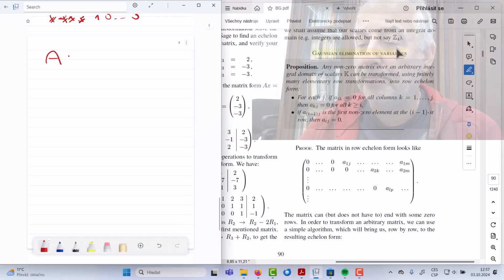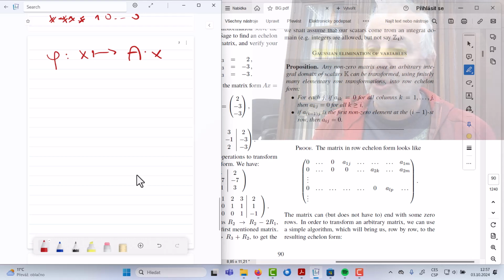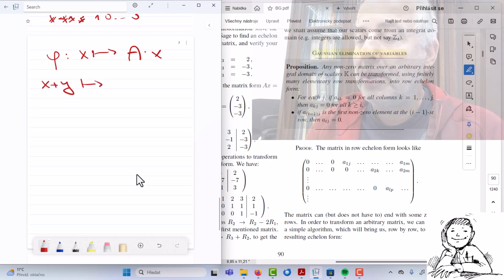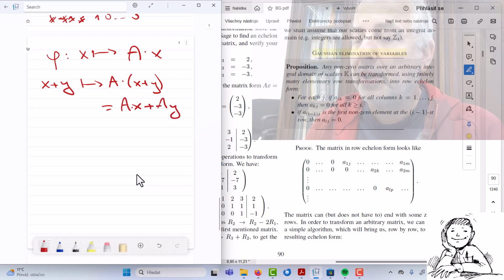If I know that my mapping I'm dealing with, phi, simply takes x, that's the big column of millions of items if we want, and maps it to A times x, then by the basic properties I already pointed out in the previous presentation, if I take x plus y, two vectors, and map them to A times (x plus y), then what I get is Ax plus Ay.